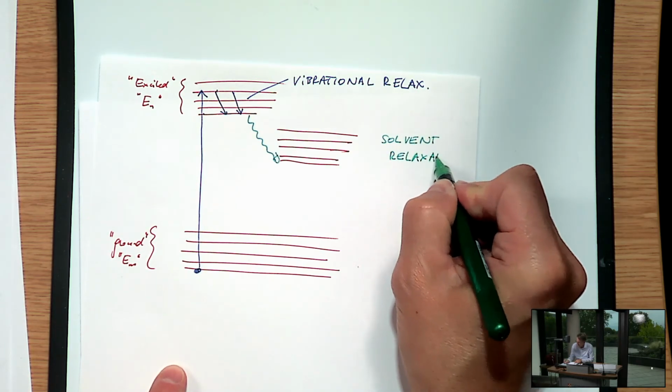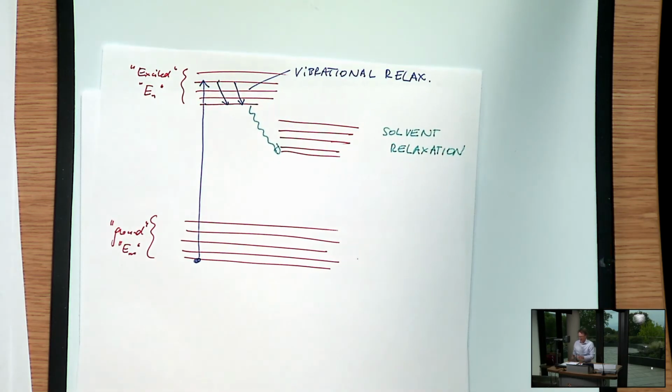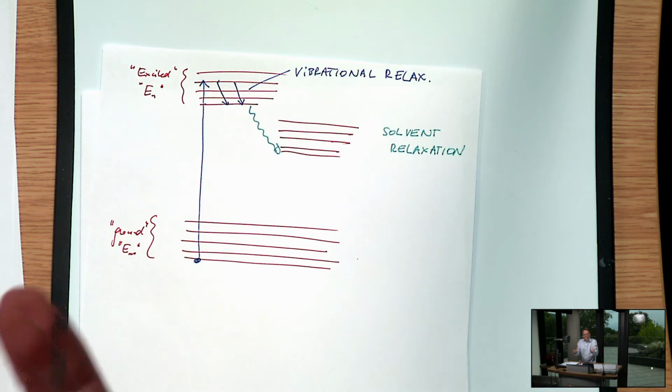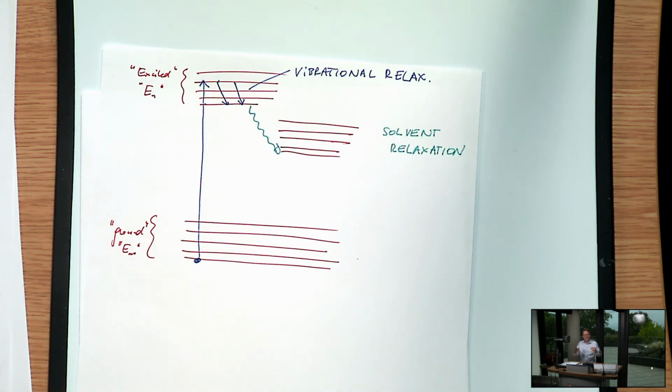What that means is, if you have a solvent molecule, a matrix of water molecules for example, the water molecules are polar. The excited state is usually more polar than the ground state, so the water sees a charge redistribution once you excite the fluorophore.